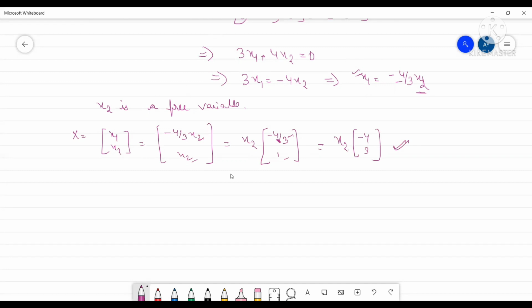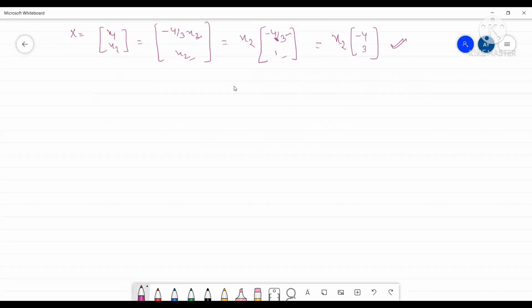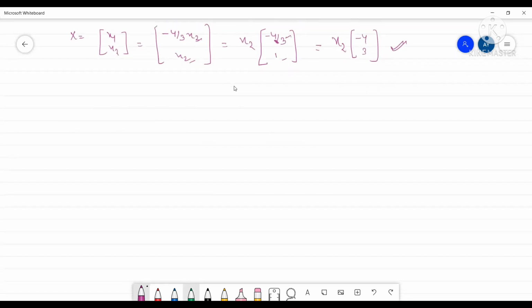Now, case 2, by putting lambda is equals to 5, we will get x1. What is that? A minus 5 lambda. So instead of lambda, you have to put 5i, that is 5 times the identity.